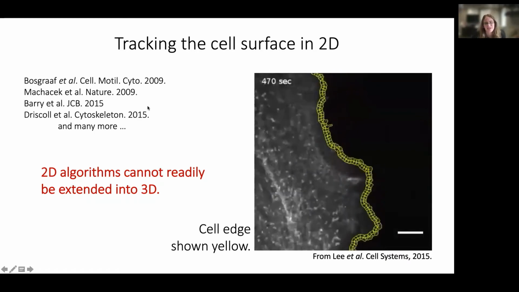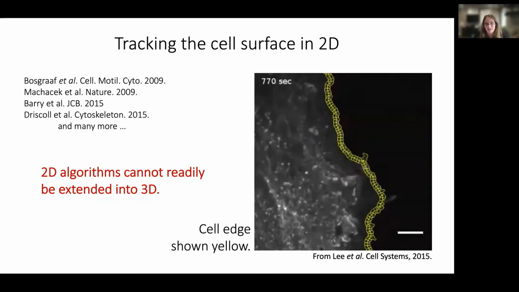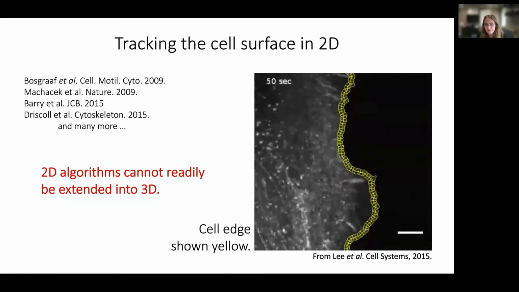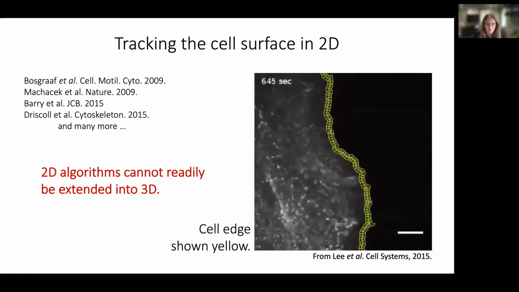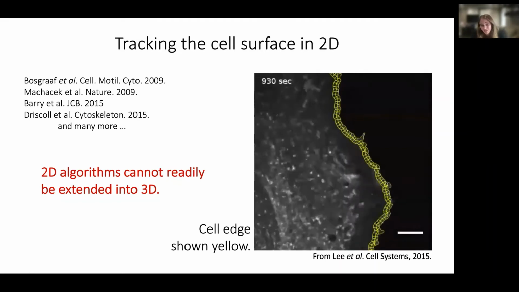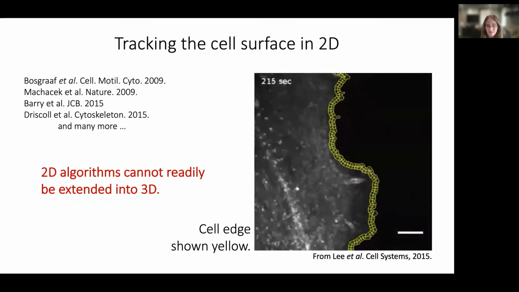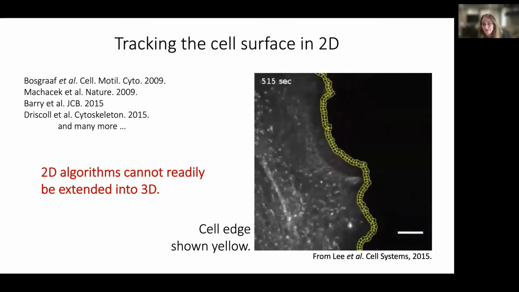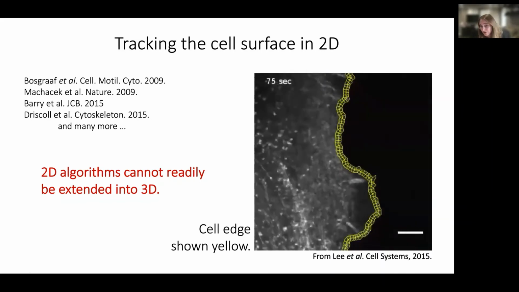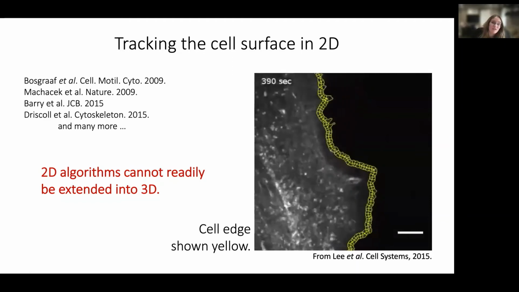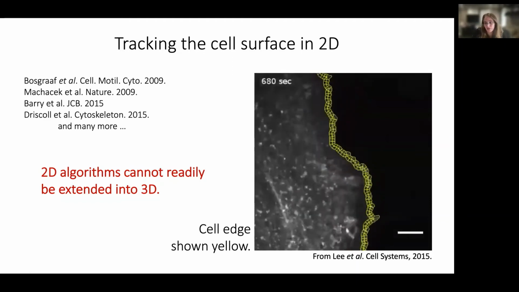But unfortunately, it's not apparent how you could extend these algorithms into 3D, because 3D imaging, even state-of-the-art 3D imaging, isn't fast enough to assume that those patches on the surface don't move very far from frame to frame. And essentially every 2D algorithm assumes that the patches don't move very far from frame to frame.